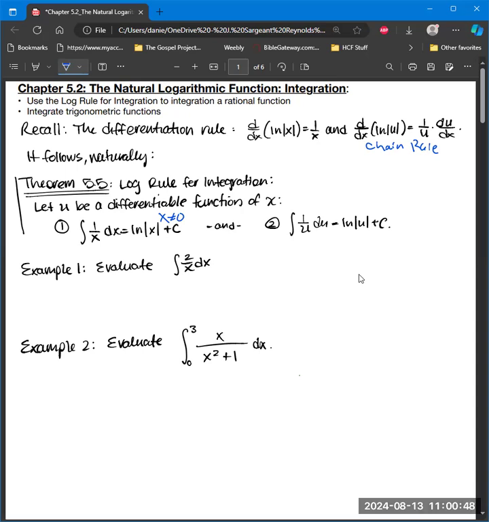So we just talked about the log rule for integration, and we'll use that to integrate rational functions. Remember, a rational function is in the form of p of x divided by q of x, where q of x is not equal to 0. You might also say something like n for numerator and d for denominator.